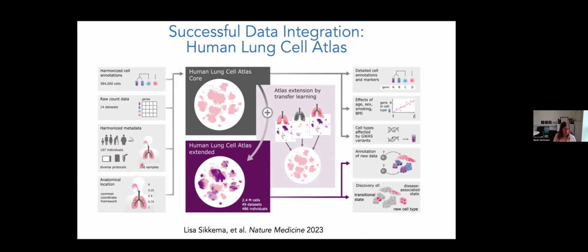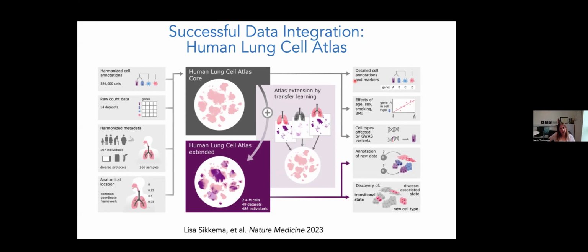There were 166 different samples, and different anatomical locations from the upper airways to the lower airways, including nose, trachea, bronchi, bronchioles, parenchyma, and so on of the lung. That gave us the core, which was then extended by transfer learning to include disease data sets. And those then had almost 2.5 million cells from almost 500 individuals.